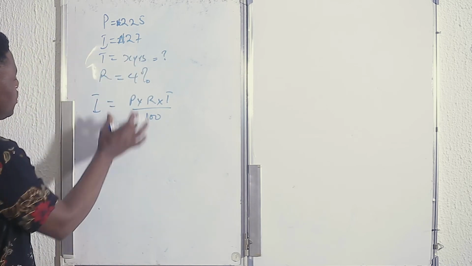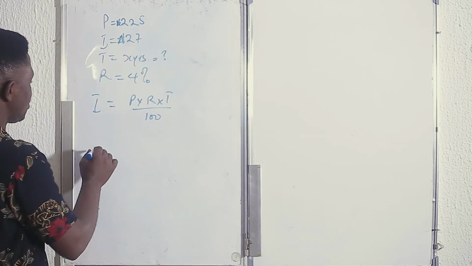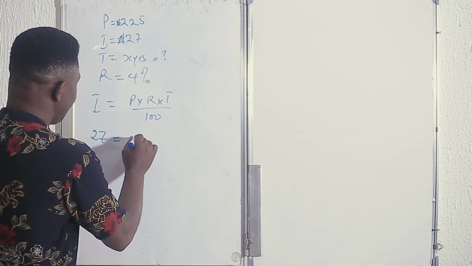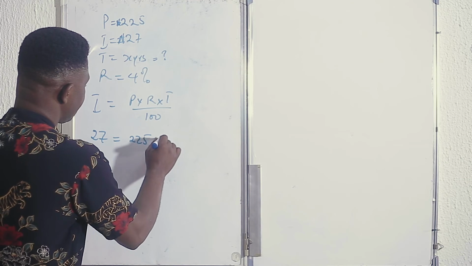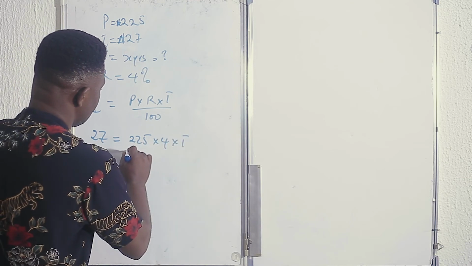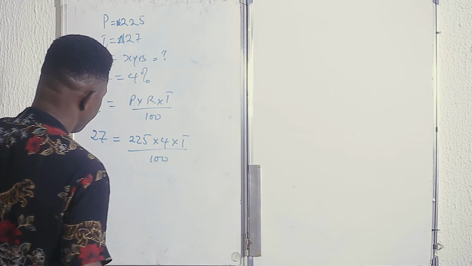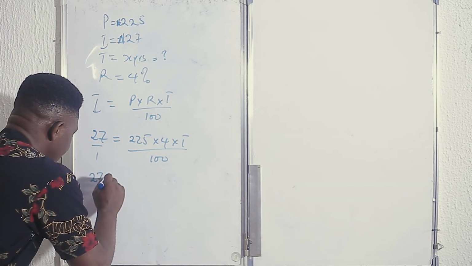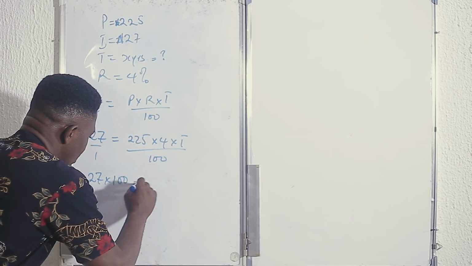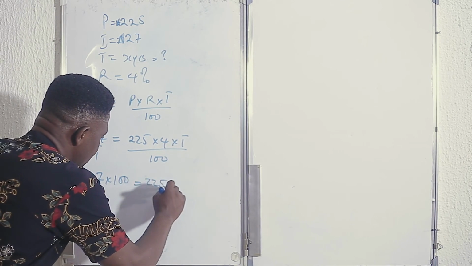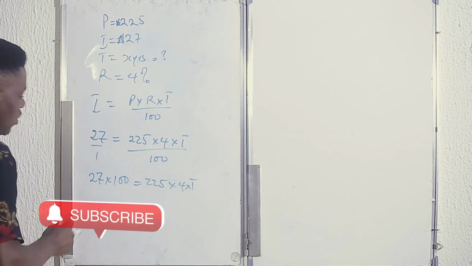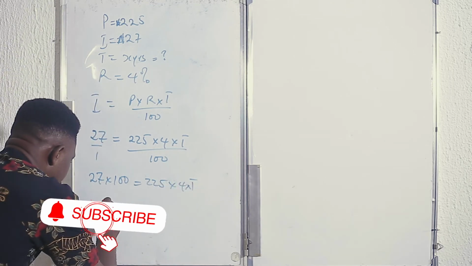We can just input the values right here. Interest is 27. Principal is 225. Rate is 4. Time is t, unknown, all over 100. If we cross multiply this, it's going to give us 27 times 100 equal to 225 times 4 times time. We make time the subject of the formula.